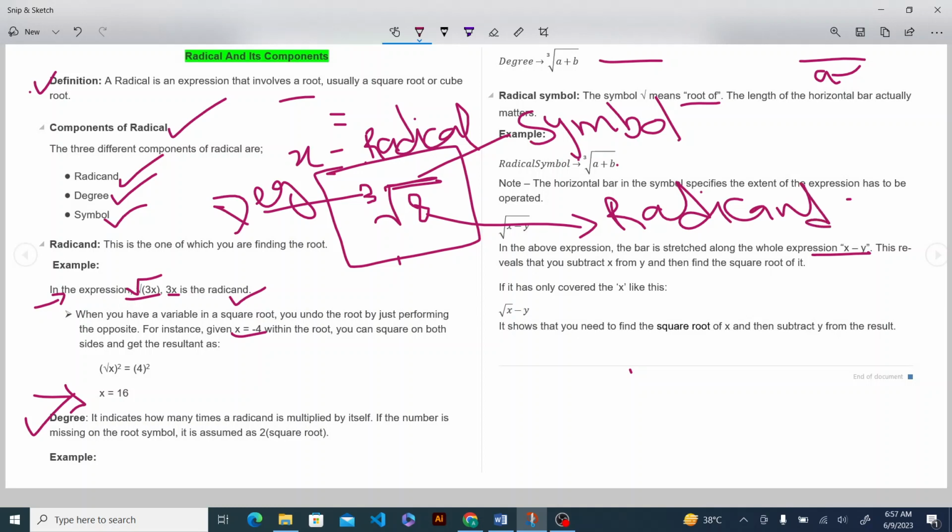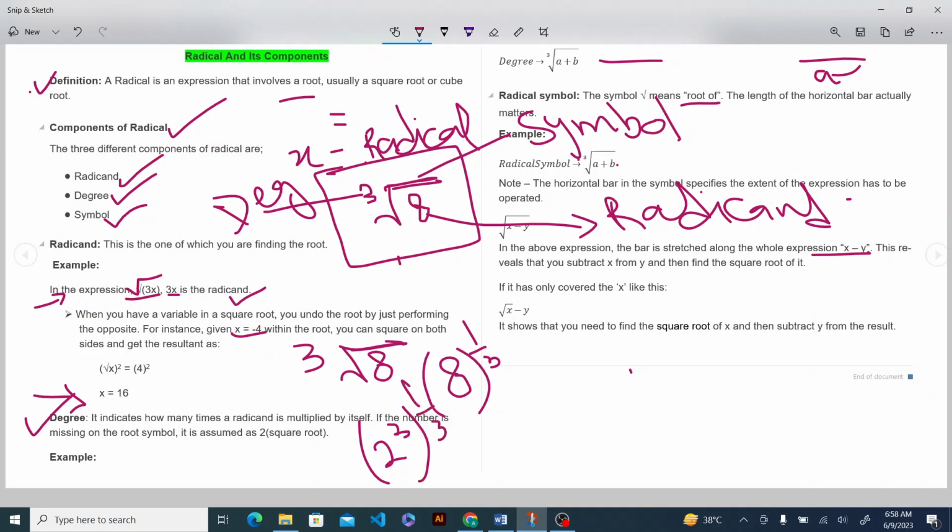Let me tell you how we resolve this expression, cube root 8. This says that 8's power is 1 upon 3. We can represent 8 as 2 power cube, and its whole was cube root, so power 1 upon 3.